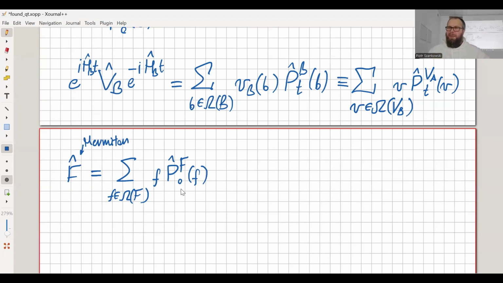So a measuring device would probably be some special kind of system that is coupled to a specific observable that has a spectral decomposition corresponding to the measuring device we want to model.